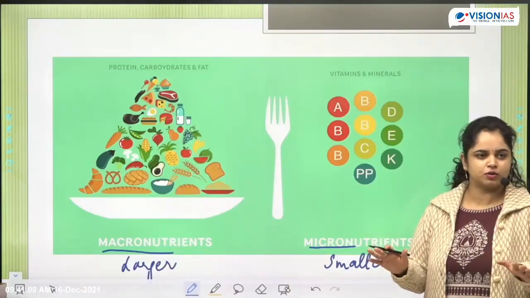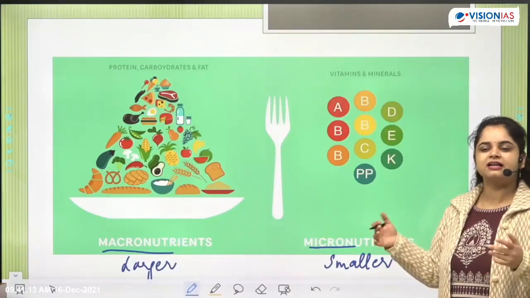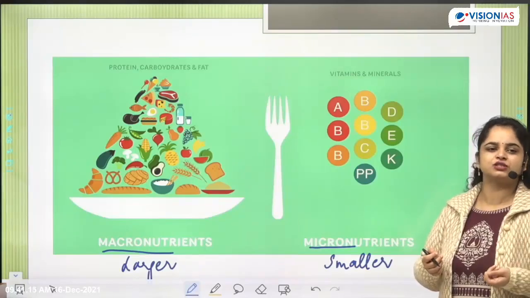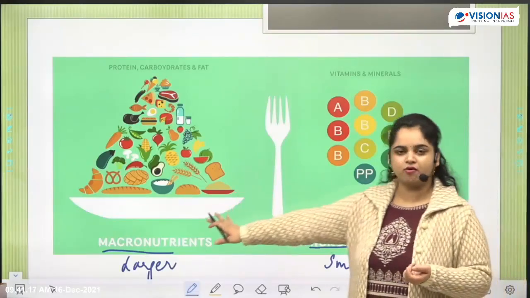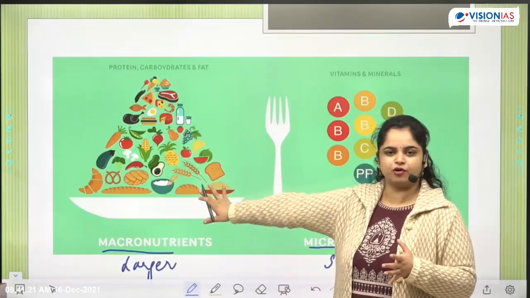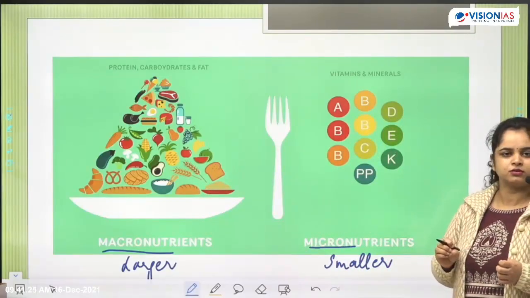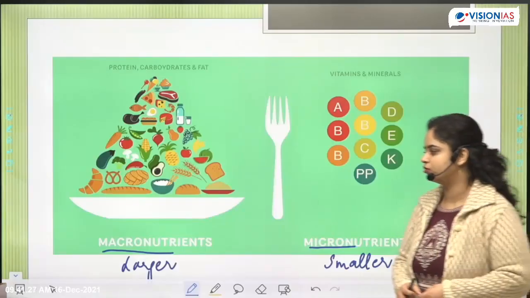That's not how it works. Both of them have their different roles to play, but it is just the quantity which is variable. You need more of these. So the major part of your food or your diet will come from macronutrients. The lesser part will come from micronutrients. Okay. Write down macronutrients.